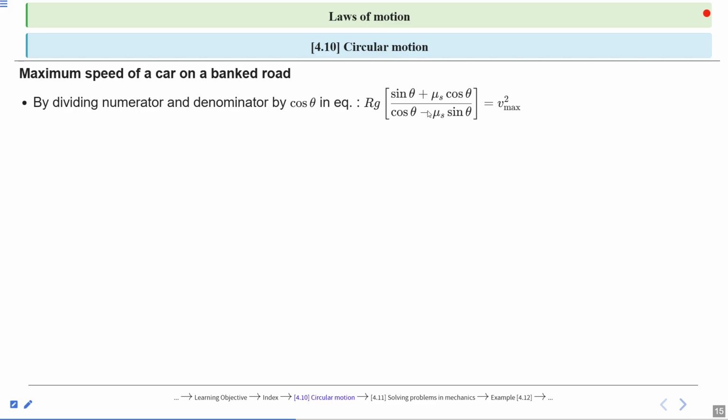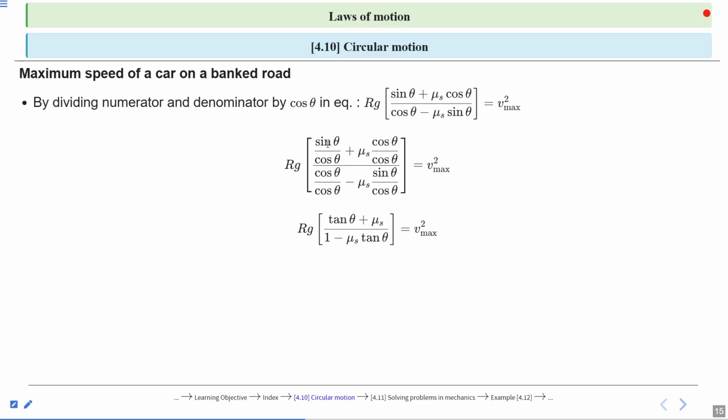After dividing numerator and denominator by cos theta, the equation is rg times (sin theta divided by cos theta plus mu s cos theta divided by cos theta), and the whole divided by (cos theta divided by cos theta minus mu s sin theta divided by cos theta), equal to v square max. This is the equation when we divide numerator and denominator by cos theta. Clear?